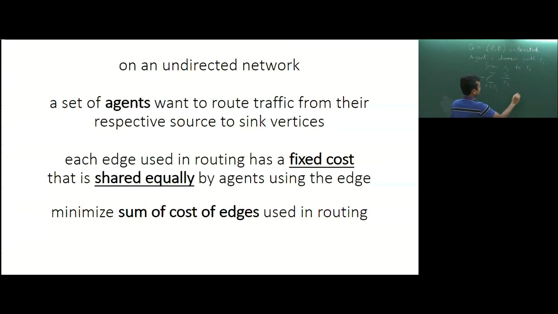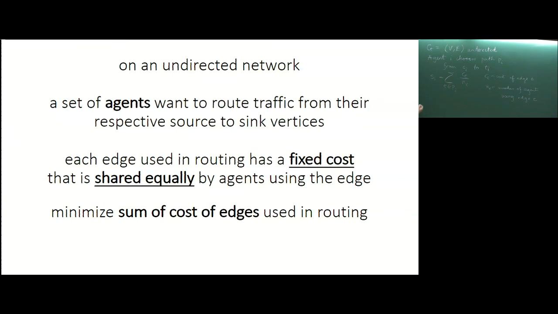So here C of E is the cost of edge E, and N of E is the number of agents using edge E. So this is the cost of the agent.